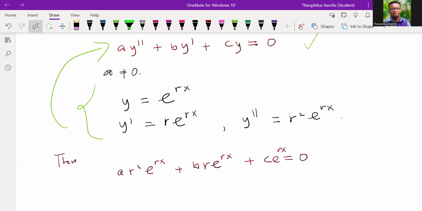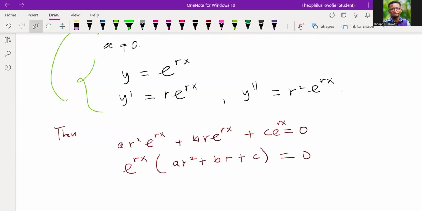Good. Now, over here, we can factor the exponential function outside, and by factorizing that, we are going to have this. Remember that there's no way the exponential function can be 0.